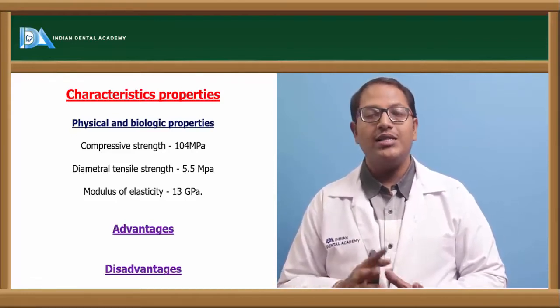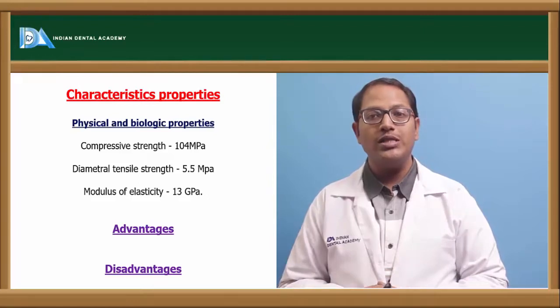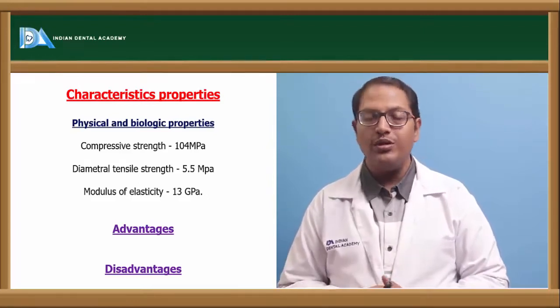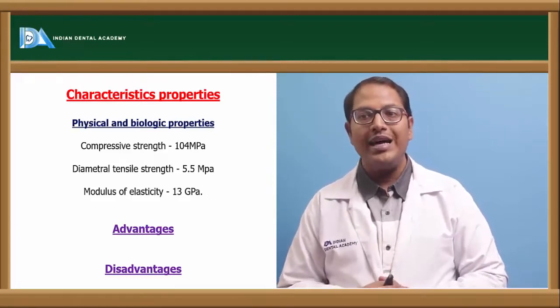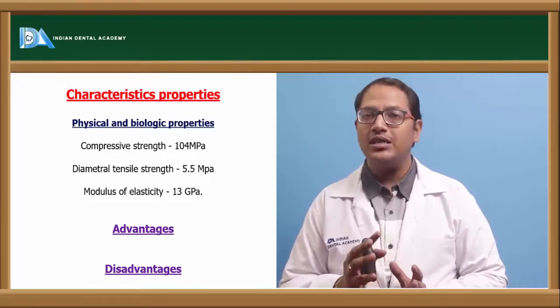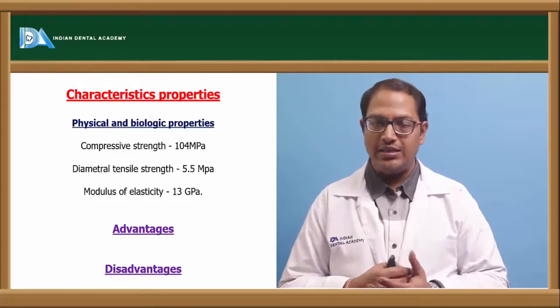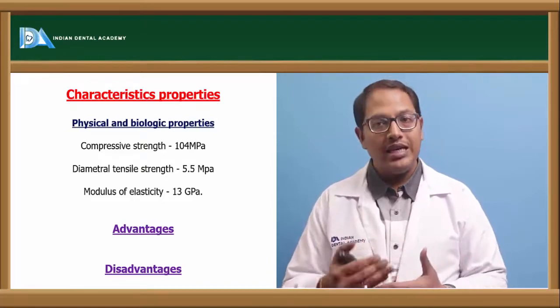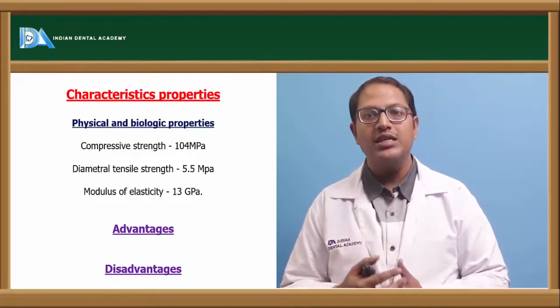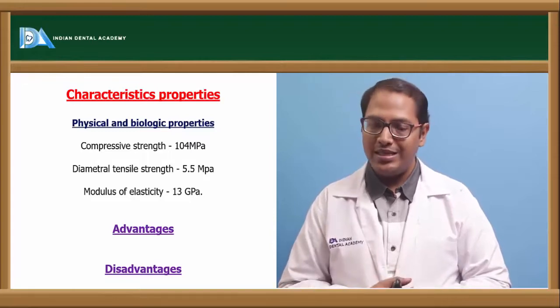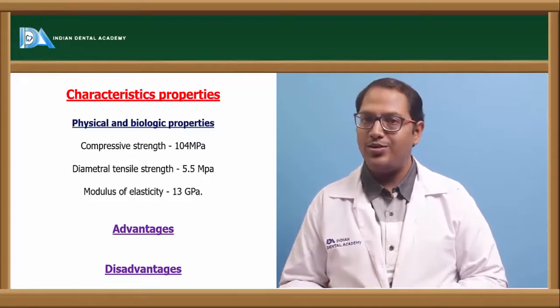Not only that, it also has some allergens which can cause allergy to the tooth and also to the gingiva, and it lacks any anticariogenic element. So it is not a cariostatic cement; it doesn't have any cariostatic effect.